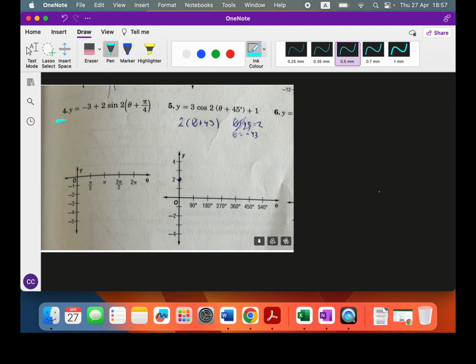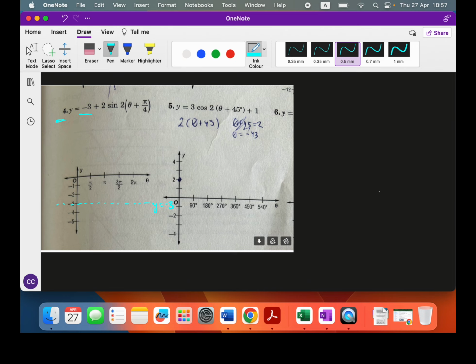Step one, we should be able to recognize that because of this negative 3, our principal axis is going to be at y equals negative 3. So this thing oscillates around y equals negative 3.